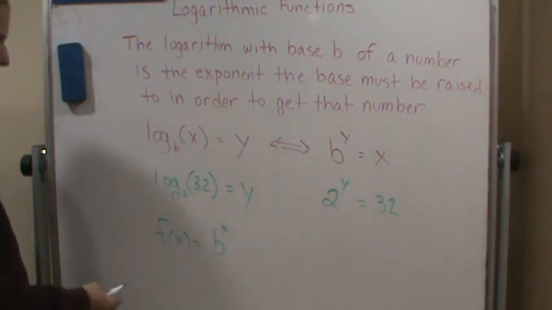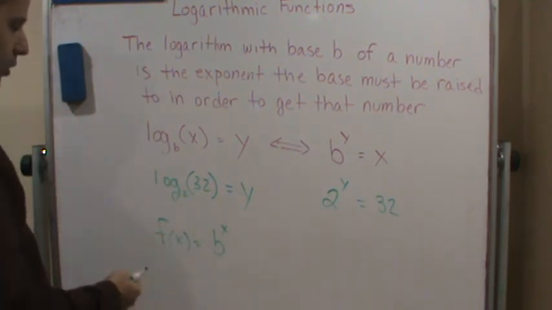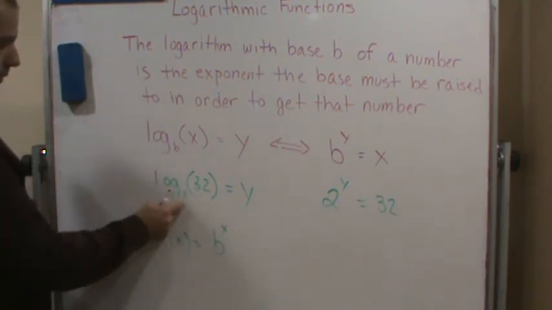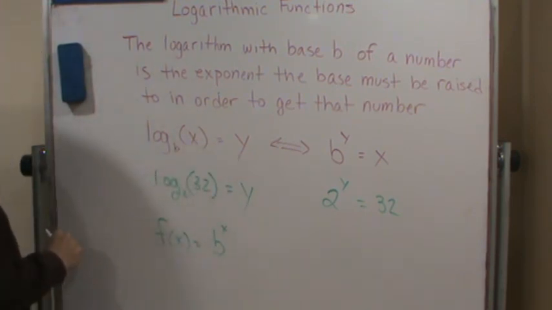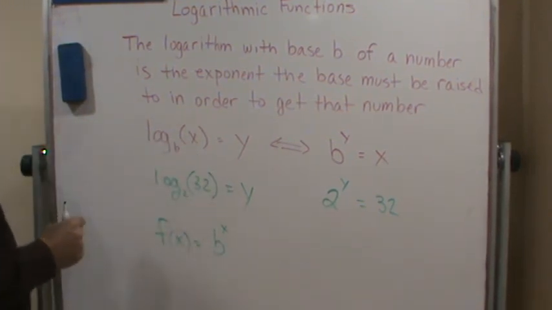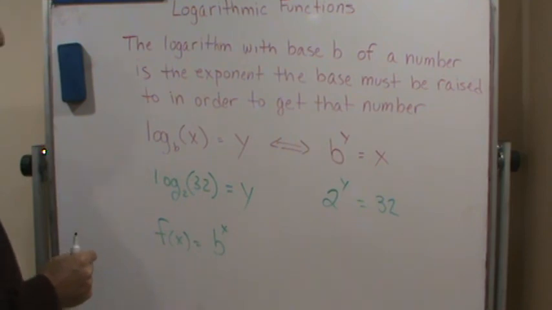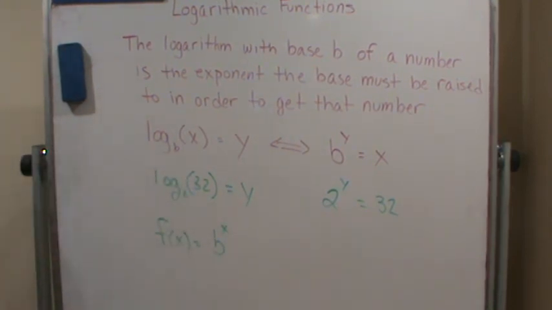But if we look at the log, the domain and the range are opposite. So here, for the log function, log base b of x equal to y, the range is all real numbers, but the domain is all positive real numbers, so from 0 to positive infinity.